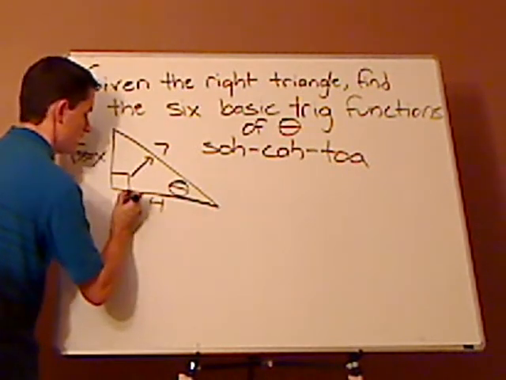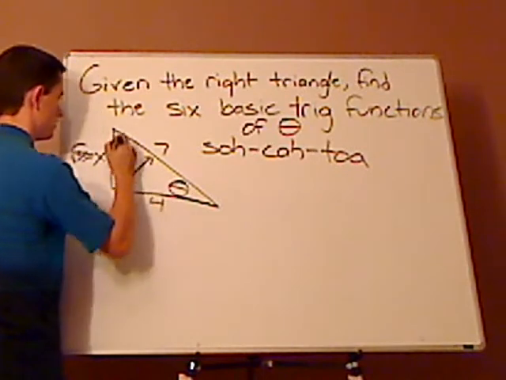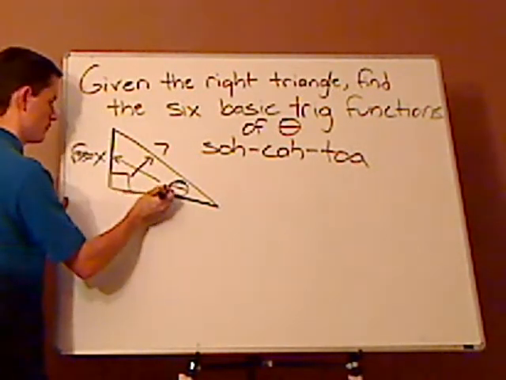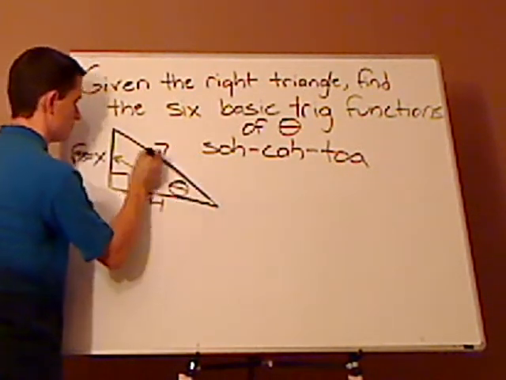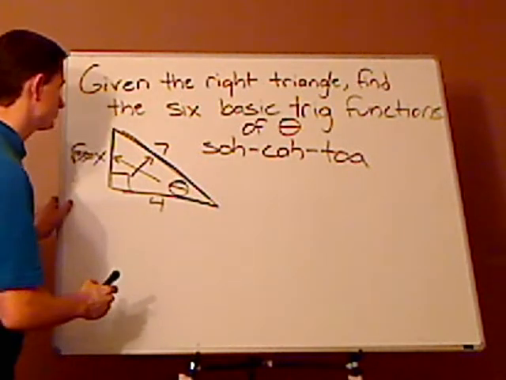Adjacent is the side that's right next to the angle. The side that's opposite of theta is the opposite, and your hypotenuse is always opposite of your right angle.